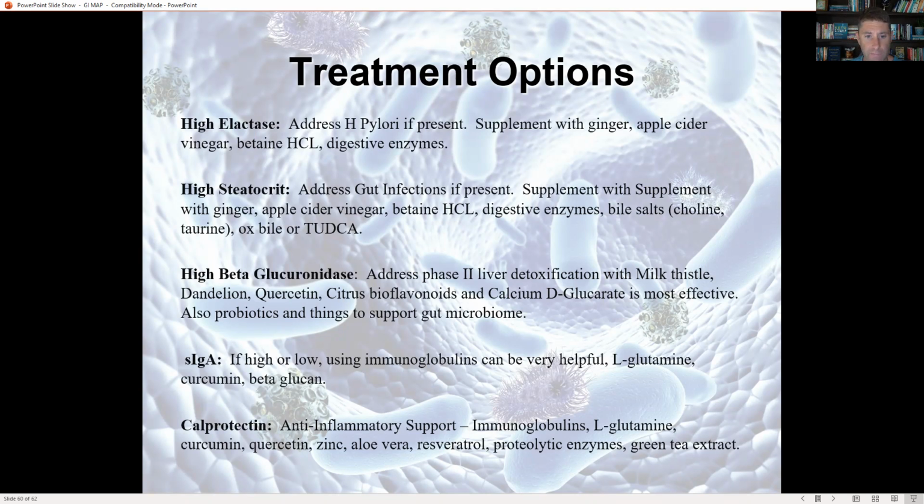For secretory IgA, if that's high or low, using immunoglobulins can be helpful. You can get different types of immunoglobulins like colostrum, hyperimmunized egg immunoglobulin, and bovine serum immunoglobulins, all very helpful here. L-glutamine, curcumin, and beta-glucan are all helpful for secretory IgA levels, bringing them up or down.